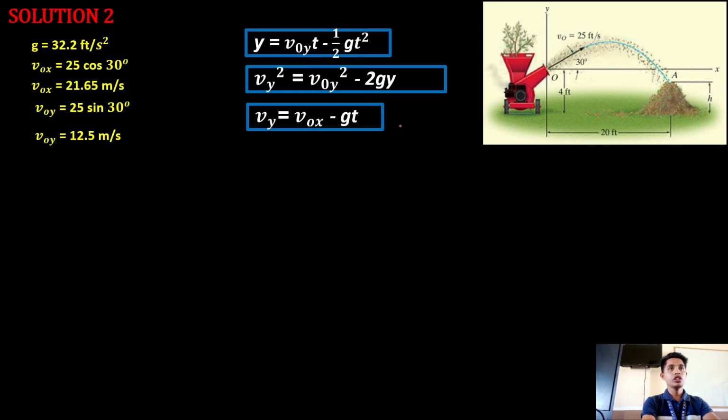Yung initial velocity along x is 25 cosine theta, so magiging 21.65 feet per second along x. And y naman is 25 sine 30, is 12.5 feet per second. Pag solve natin yung mga given, ito yung mga formula na pwede natin gamitin. Pipili lang tayo dyan.